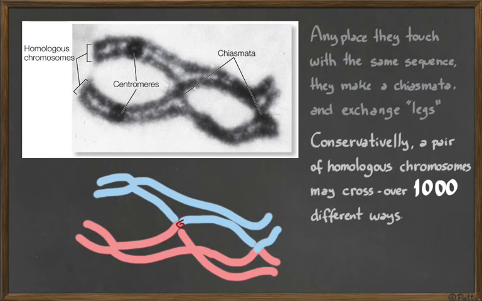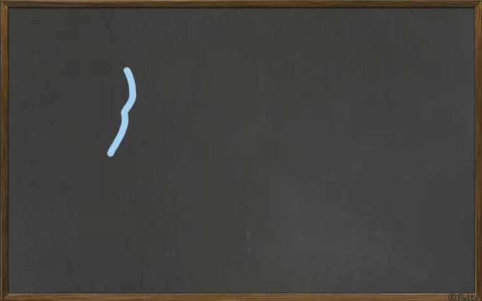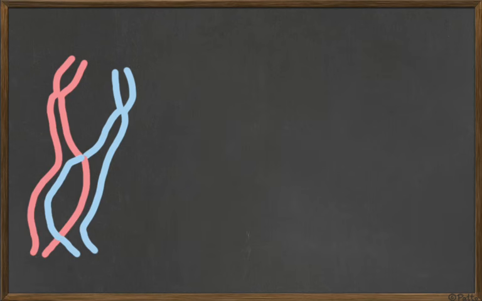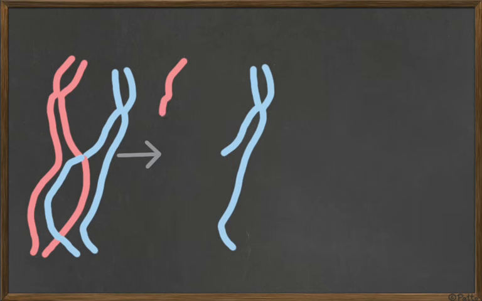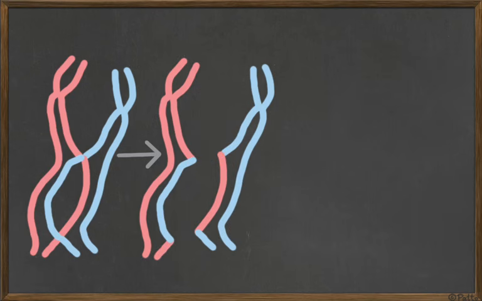They may cross over here, or they may have crossed over there. They may cross in different positions. So for a pair of chromosomes in an organism, 1,000 is a conservative number for the possible combinations of crossing over. They could have combined like that and separated like this, see?